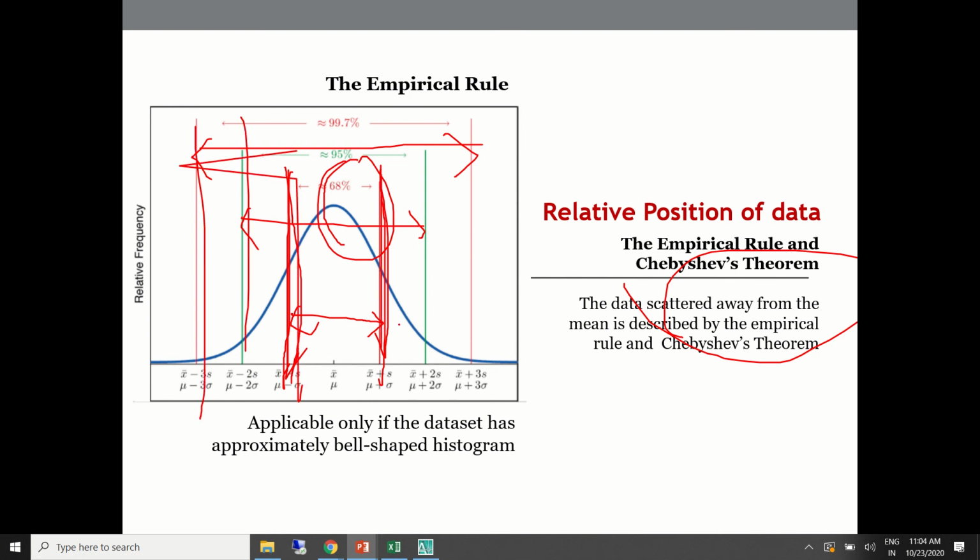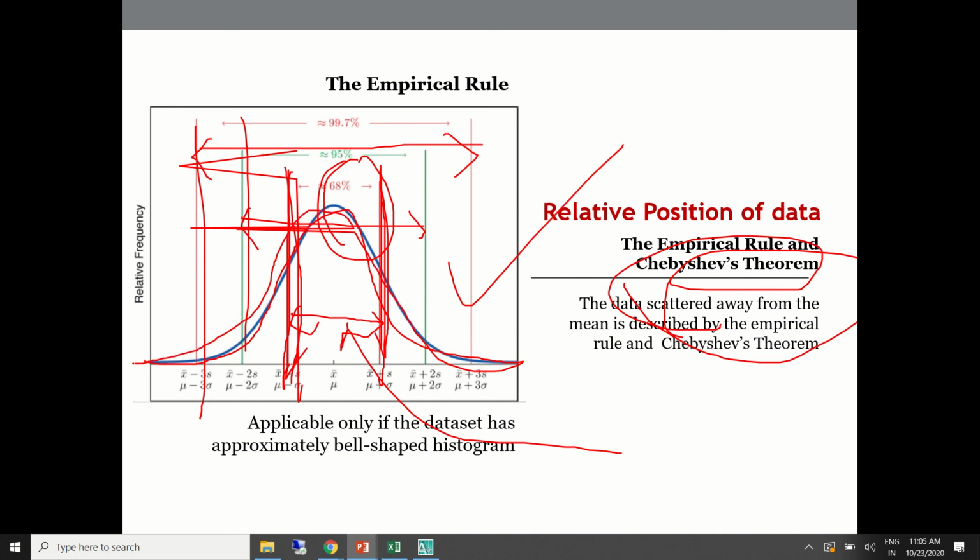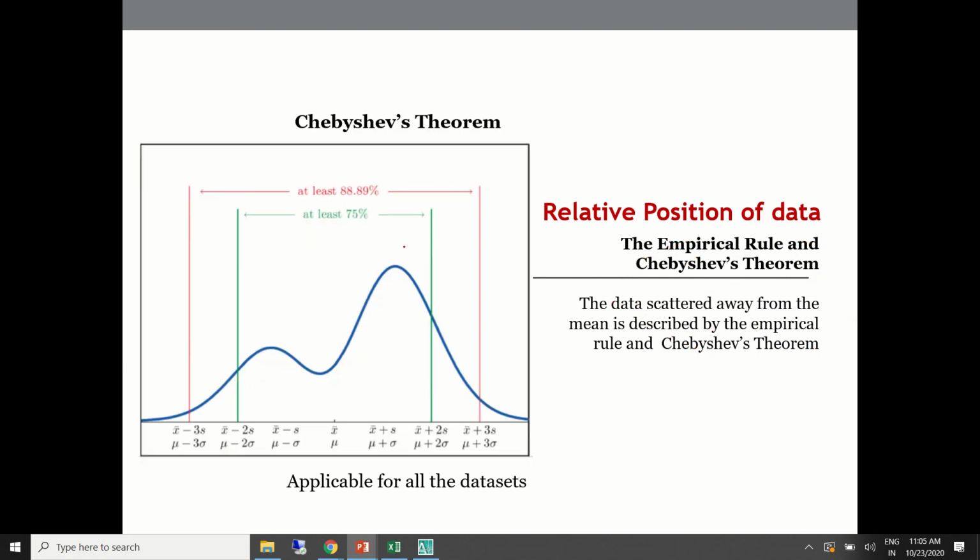It is actually a theorem. If the data fits within this range, then we can say that the data set is normally distributed. There is a normal distribution curve that we will be able to acquire if the data fits into this category. Or there can be variability within the data set as well.